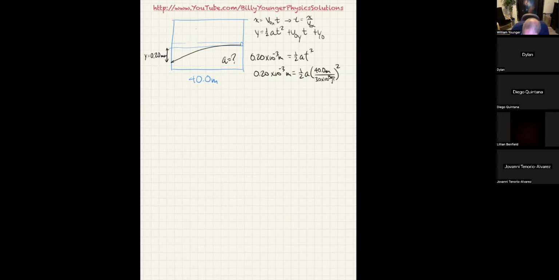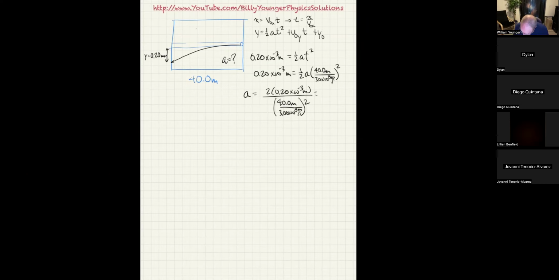So ultimately, a is going to be 2 times 0.20 times 10 to the negative third meters, divided by 40.0 meters over 3.0 times 10 to the 8th meters per second, squared.